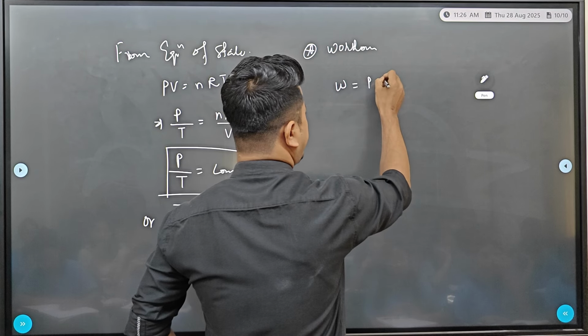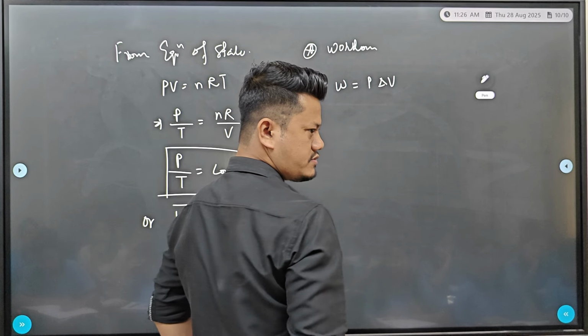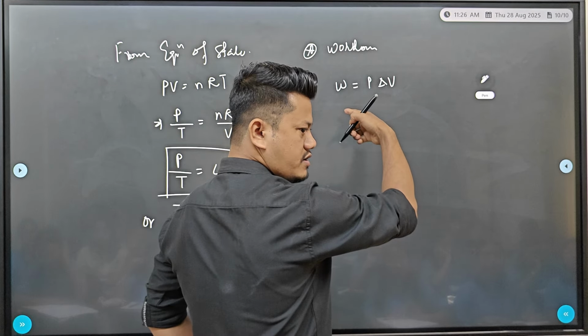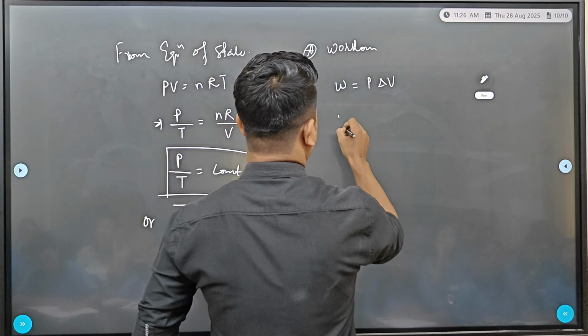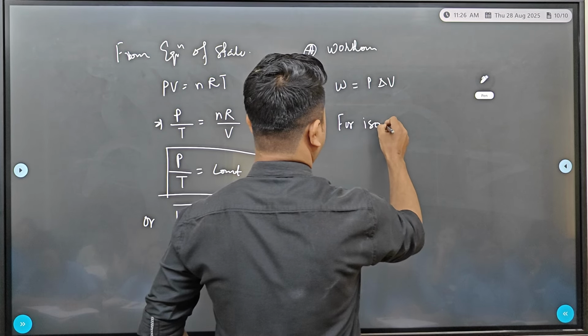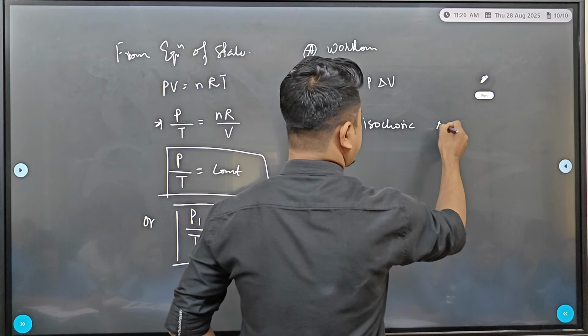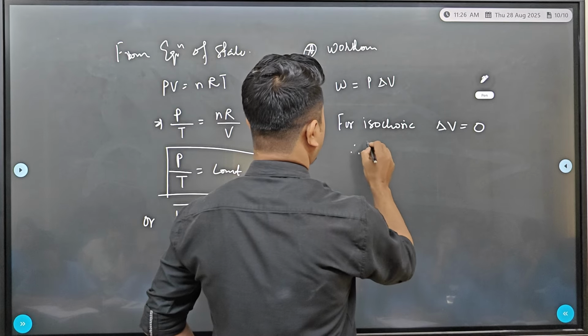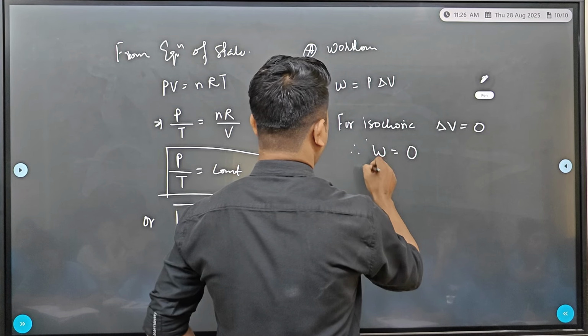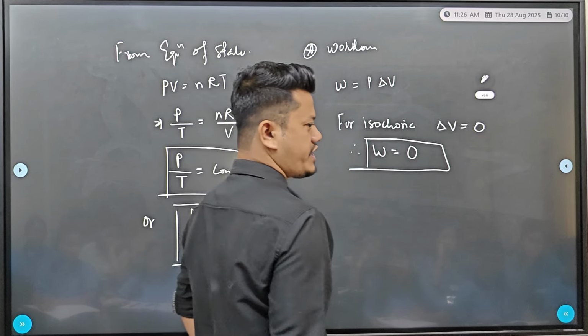Work is given as P del V, right? This is the work under a thermodynamical process. Now, for isochoric, volume remains constant, which means the change in volume needs to be 0. Therefore, please keep in mind, work done is always 0 in case of isochoric.